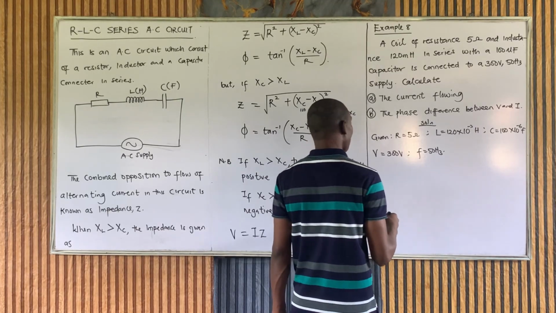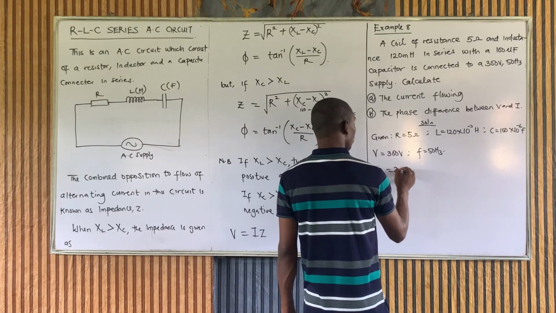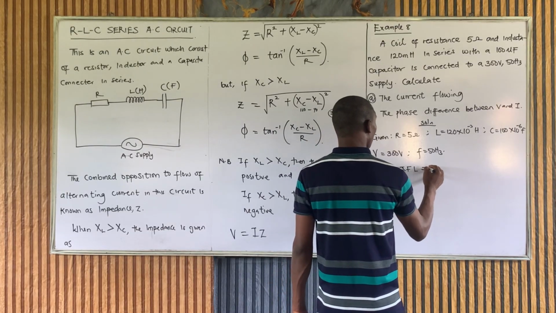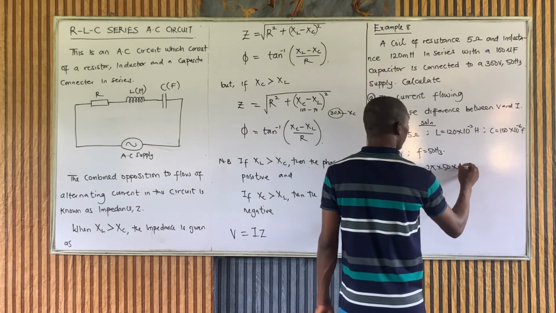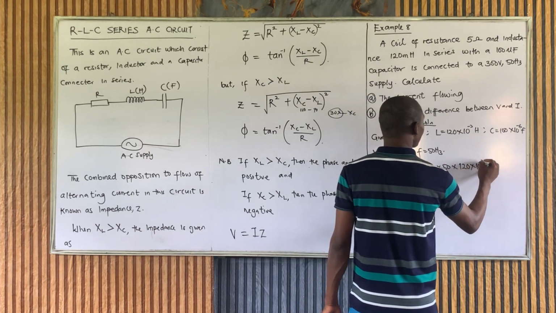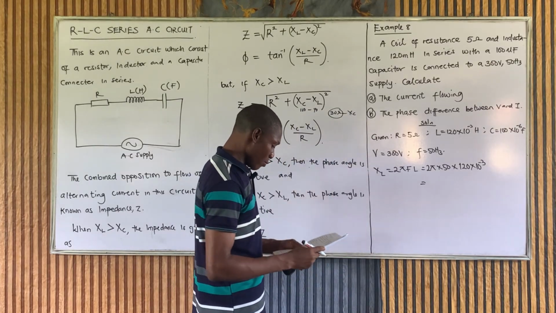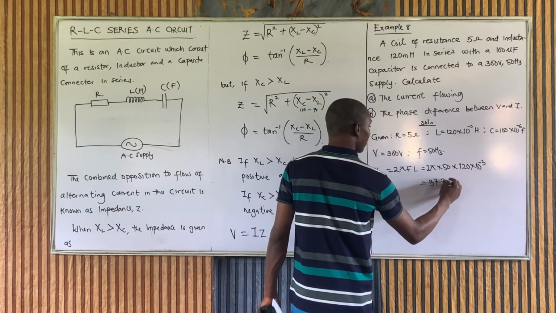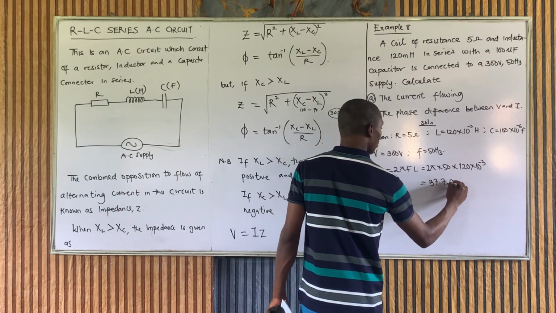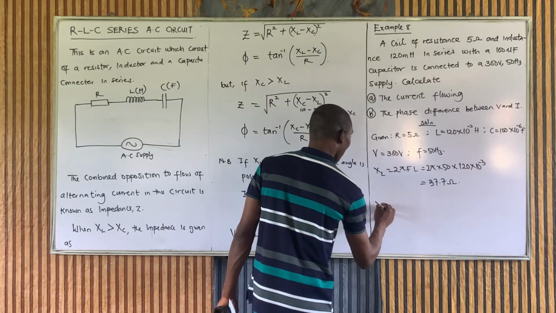Now, to calculate our impedance, we need to know our XL and XC. So our XL, which is 2 pi FL, will be equal to 2 pi times 50 times our L, 120 times 10 raised to the power minus 3. If we do that, we're going to have 37.7 ohms for the inductive reactance. Now let's calculate capacitive reactance.